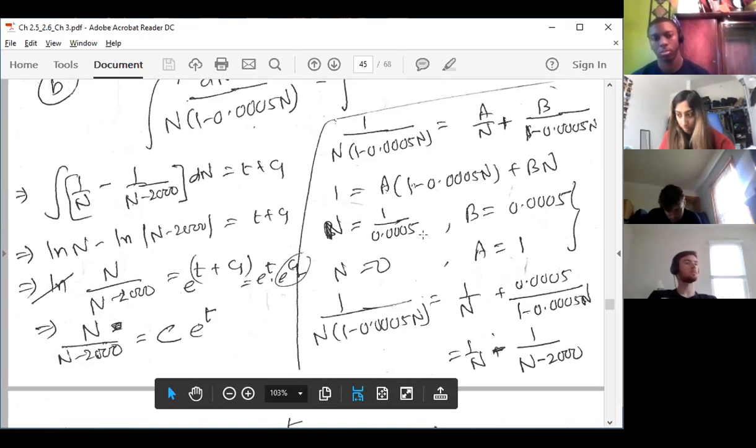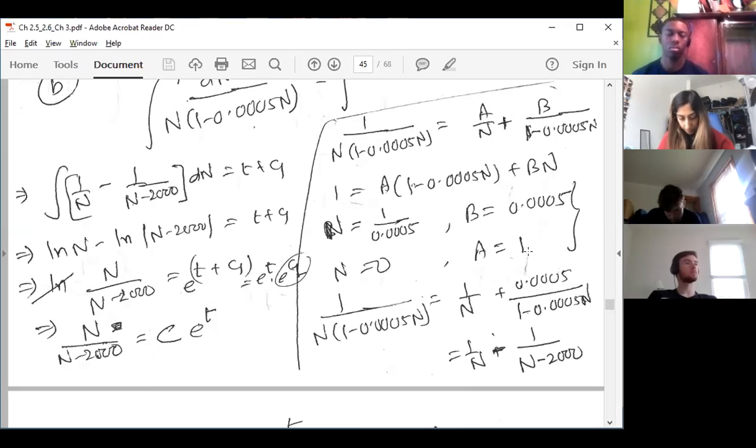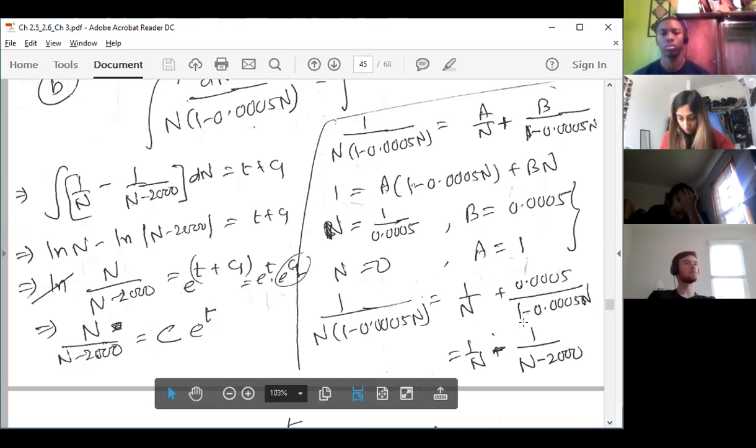If n equal to 0, this part will be 0, and so on. So you get a equal to 1 and b equal to 0.0005. Go back and plug these two values in. Simplify, and you get 1 over n minus 1 over n minus 2000. So 1 over n times 1 minus 0.0005 n is nothing but 1 over n minus this one.